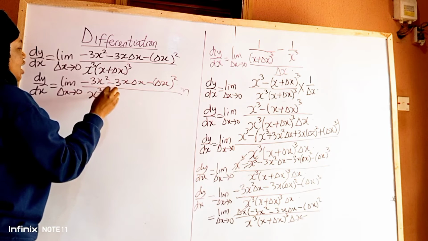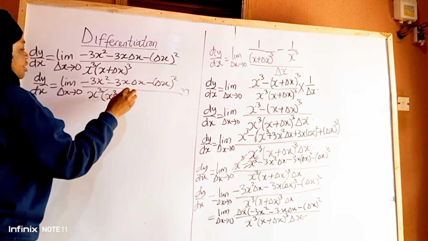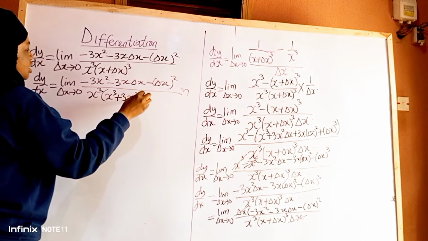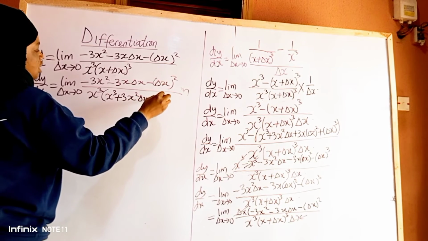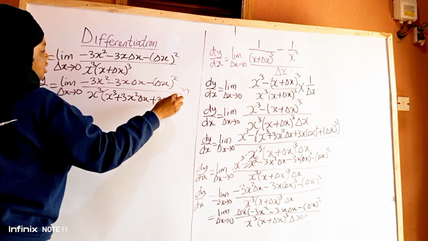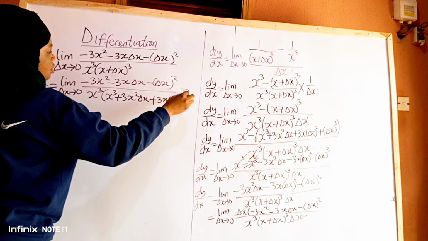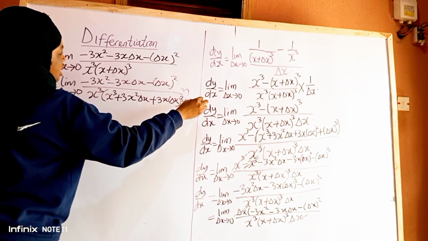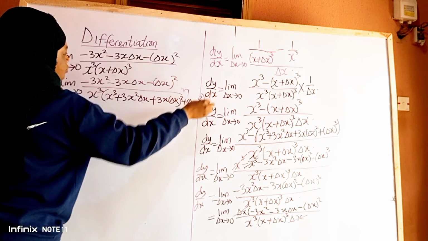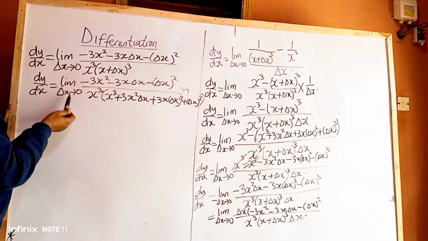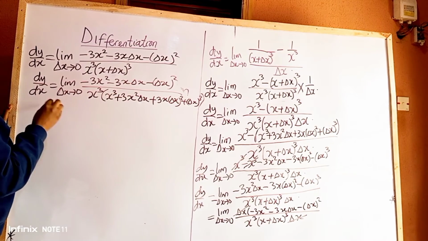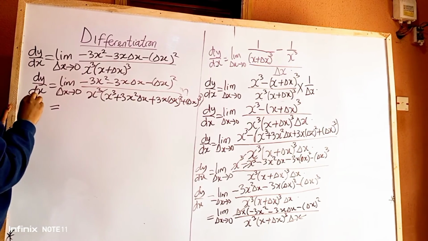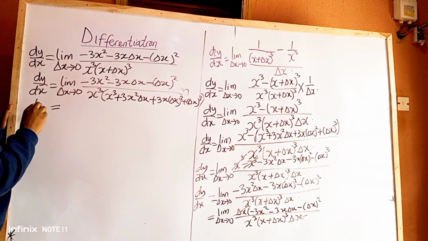So you have x cubed plus 3x squared change in x plus 3x change in x squared plus change in x cubed. So the limit as change in x tends to 0 means anywhere I see change in x, I will put 0.